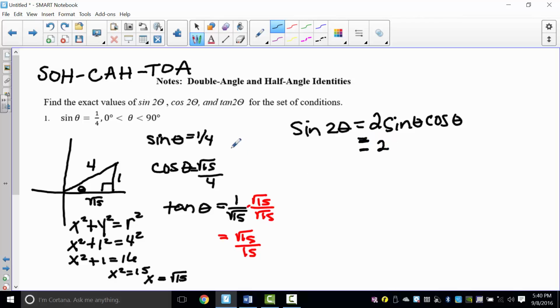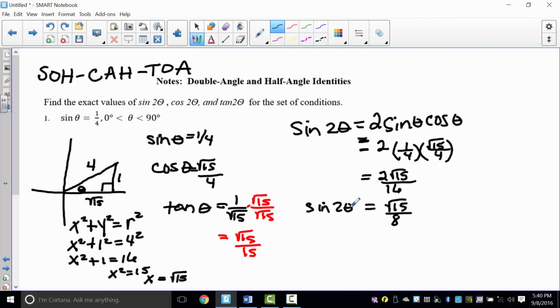So we have 2, sine theta was given 1 over 4, cosine theta is radical 15 over 4. We multiply our numerators. 2 times 1 times radical 15 is 2 radical 15. 4 times 4 is 16. Reduce. Therefore, sine 2 theta is radical 15 over 8.